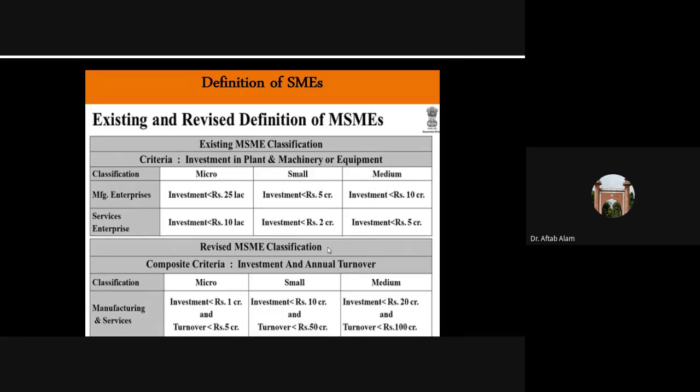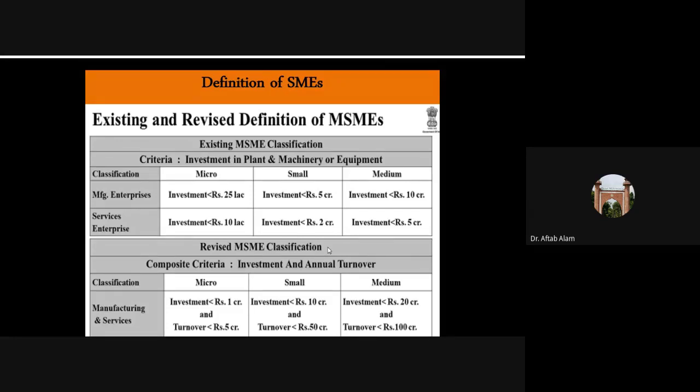So this is the existing criteria, but in 2020 discussion is going on in the parliament to change the criteria, and now there is a composite criteria. The criteria will include not only investment in plant and machinery, but it will also include annual turnover.